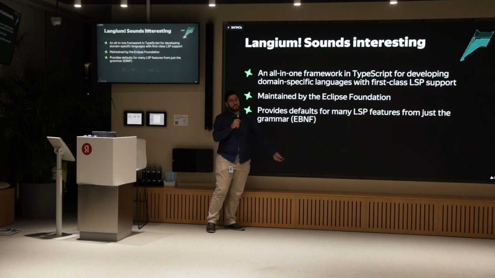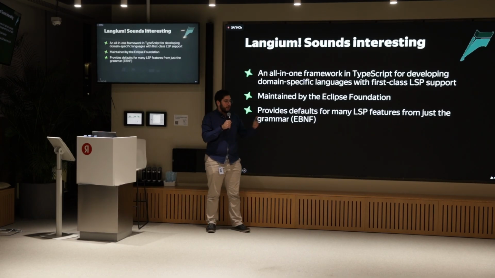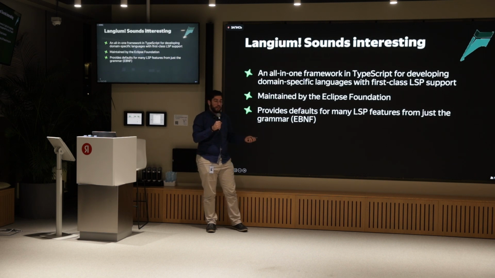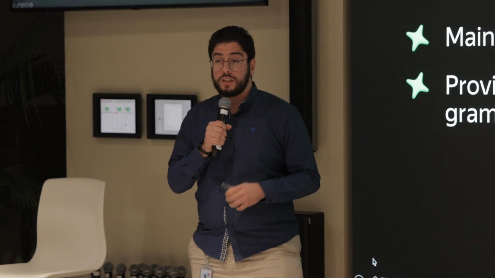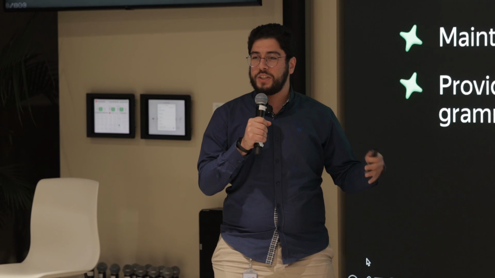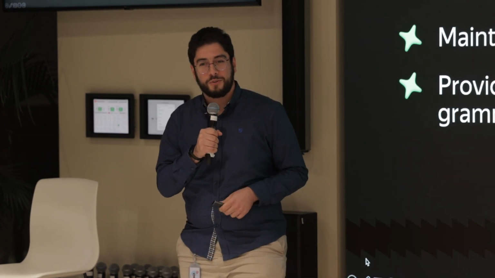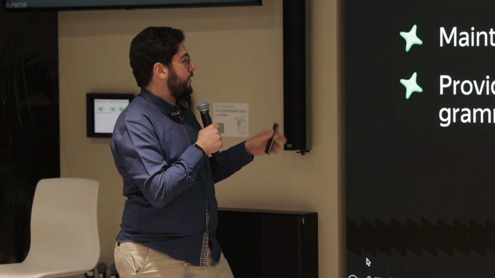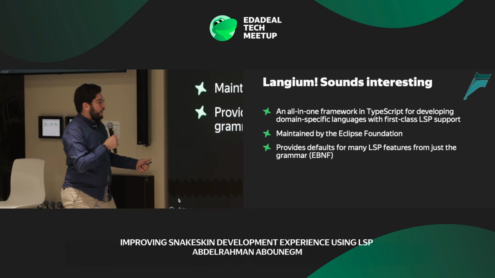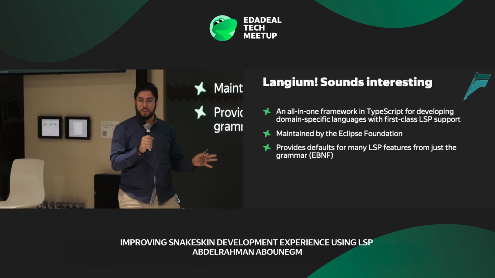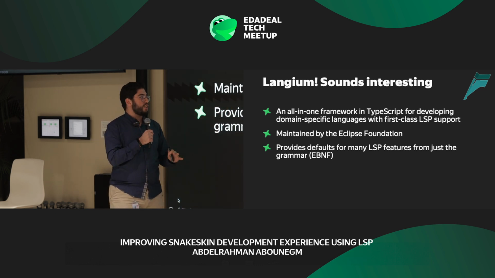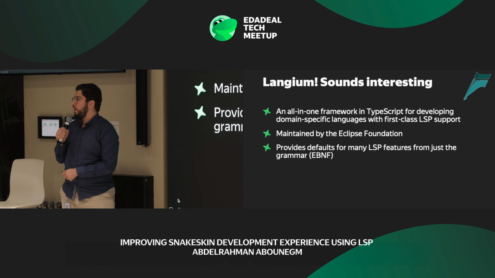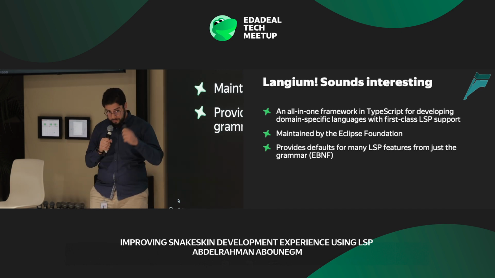It gives you the CLI, it gives you an interface that you can use with any other interface you develop yourself, but it also gives LSP out of the box, and it's maintained by the Eclipse Foundation. So we know it's not just some graduation project that will be thrown away in a year or two, it's seriously maintained by them. And the nice thing about it is you write the grammar in extended Backus-Naur form notation, and it automatically generates so many defaults for many different LSP features.